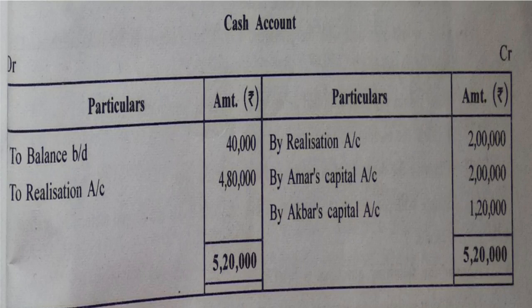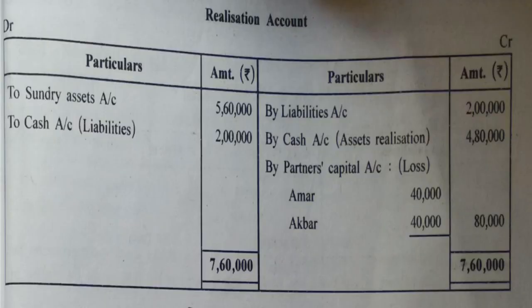Now talking about by realization account and to realization account. This is the realization of assets. This is the payment of liabilities. The effect for this too is already given in the realization account. What is your journal entry?